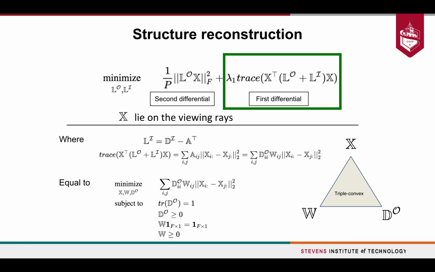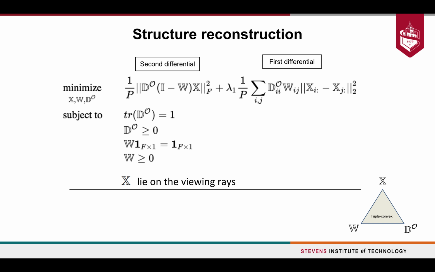And finally, we try to penalize the distance between adjacent frames, and this is also in the form of a cost function for X, W and D out.